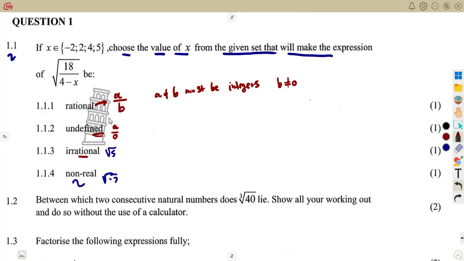So if you understand this, guys, it is going to be easier for you because you simply have to substitute these values. You just need to understand your ways, guys. In that case, you just need to substitute when x is -2. Let's substitute in the given expression, that part that is under the square root. Under the square root, it's 18 over 4 minus x.